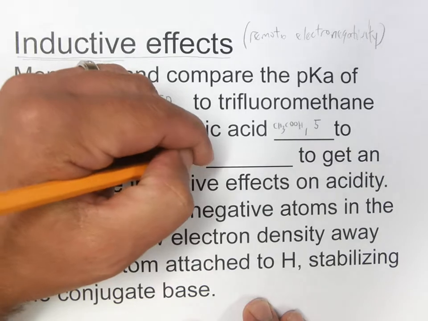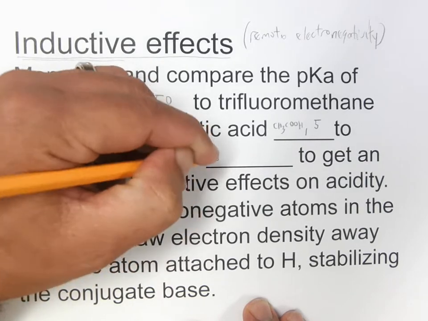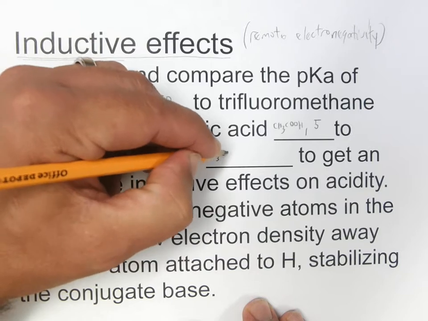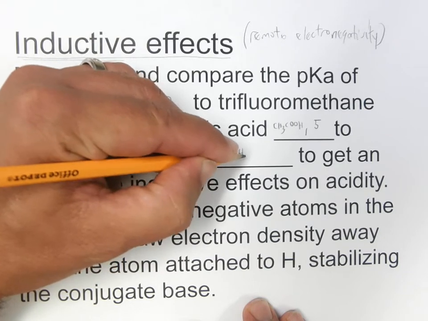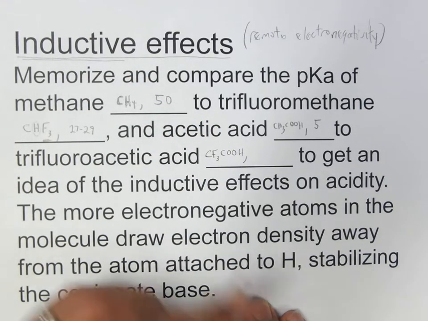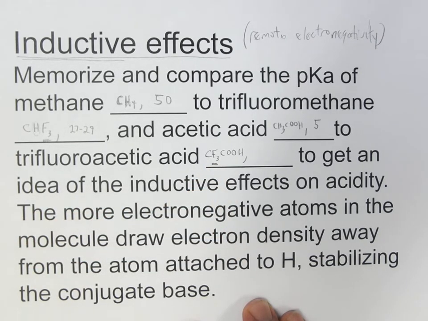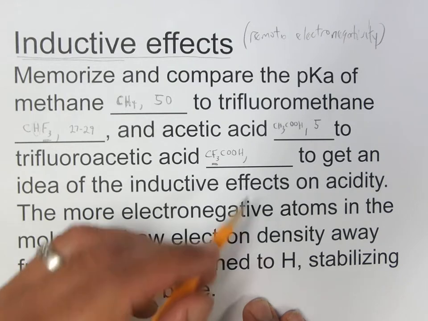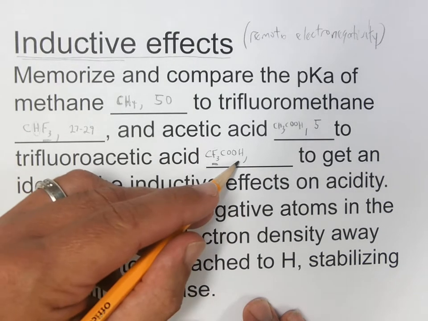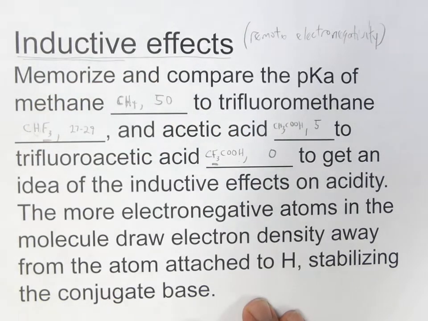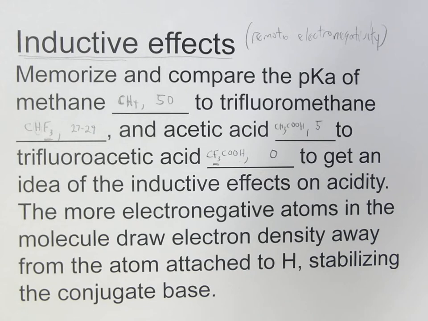Trifluoroacetic acid has 3 fluorines in the place of some of the hydrogens, the non-acidic hydrogens, and these fluorines are again going to pull electron density away from the rest of the molecule because fluorine's so electronegative, and that's going to reduce the pKa or increase the acidity. The pKa value of trifluoroacetic acid is 0, and it makes it a very strong acid.